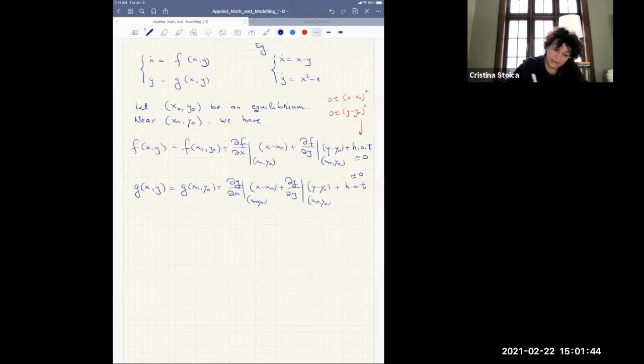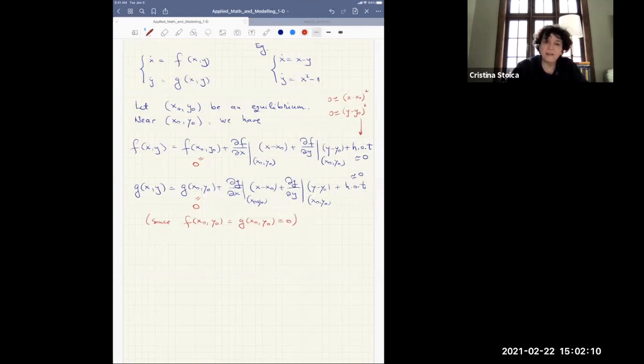Now, what are these guys? These are equilibria. So this is 0 because this is an equilibrium. That's how they're found, by setting the right-hand side equal to 0.